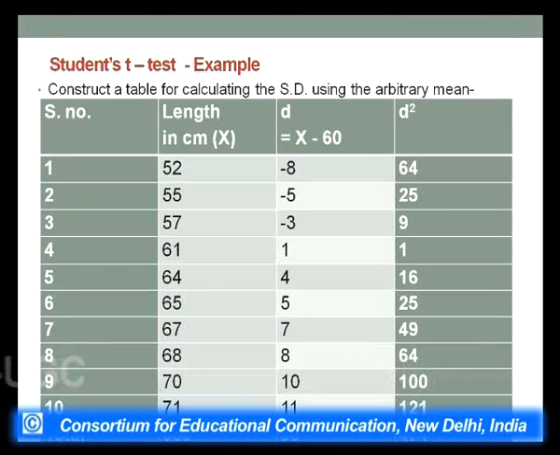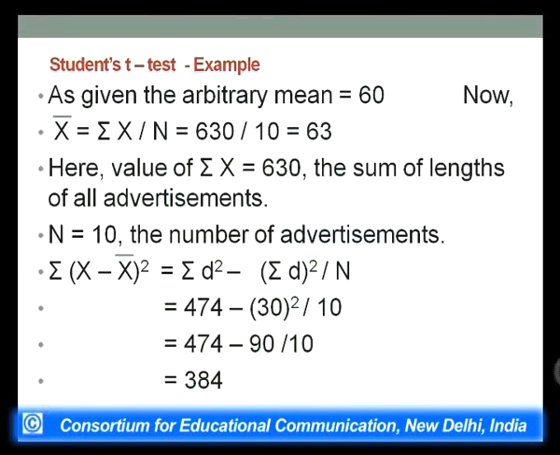So minus is gone. Minus 5 multiplied by minus 5 is 25. Minus is gone. So remove all these minuses. What we have done is that we have squared all the data, and that is what we call D square. So D square is the difference from the average which you have assumed in terms of the length given to you, squared up, and then the total has been worked out as 474.